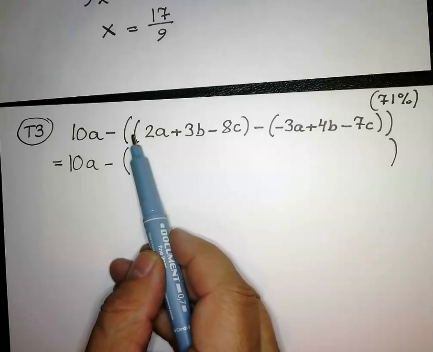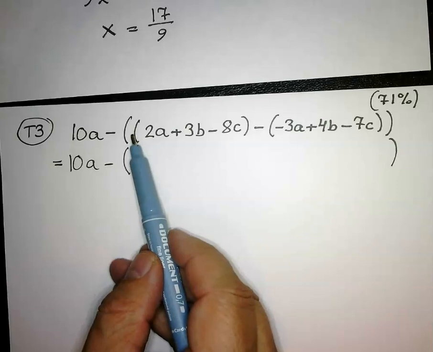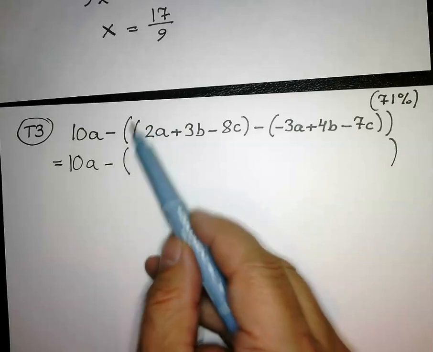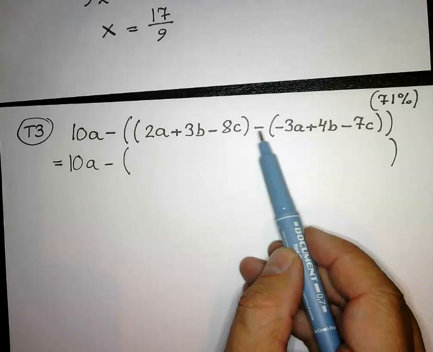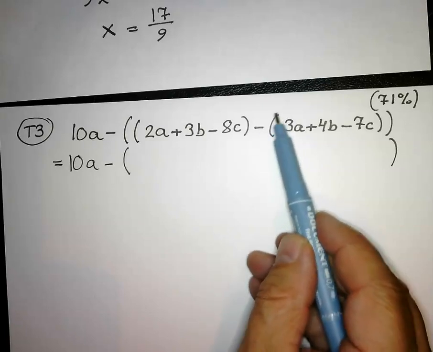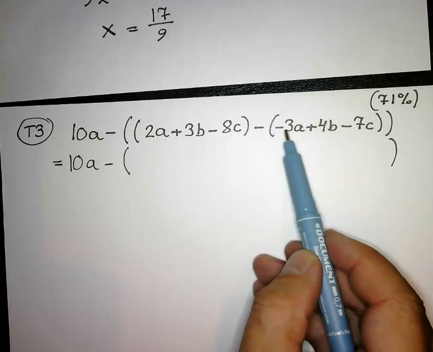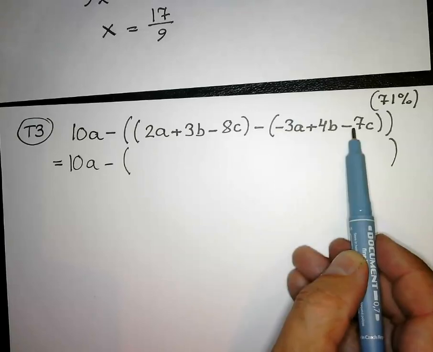And if you have a plus sign in front of parentheses, you can just take away those parentheses. They are unnecessary. But if you have a minus sign like here, you have to take these parentheses away, but also change the signs.